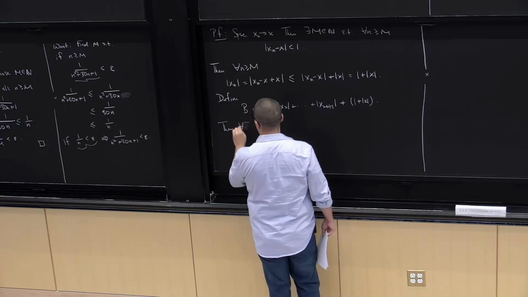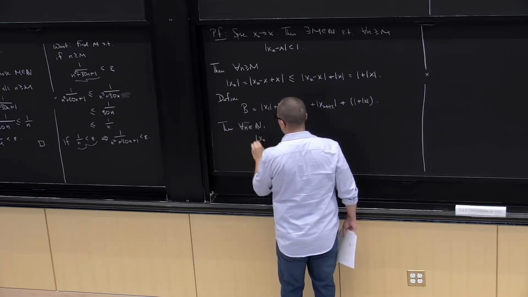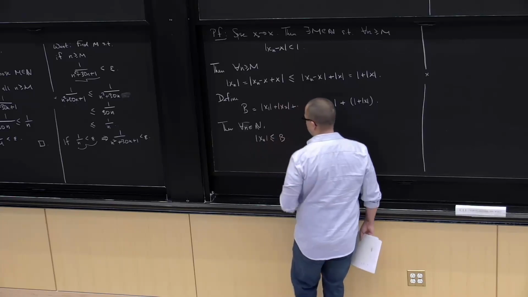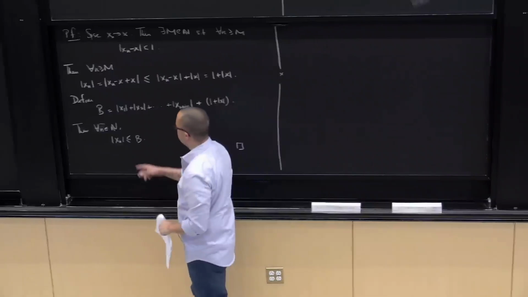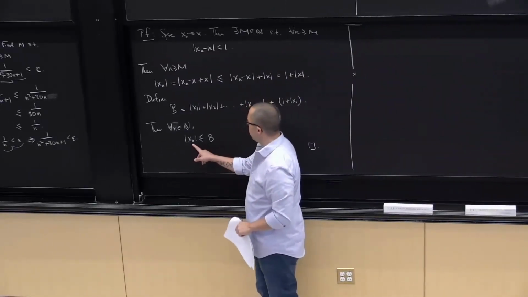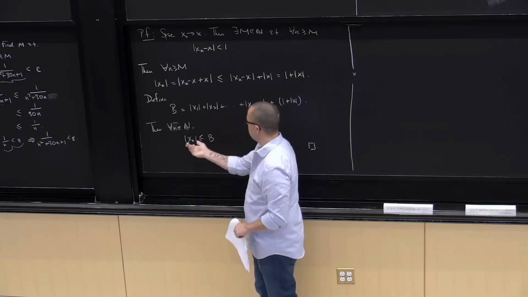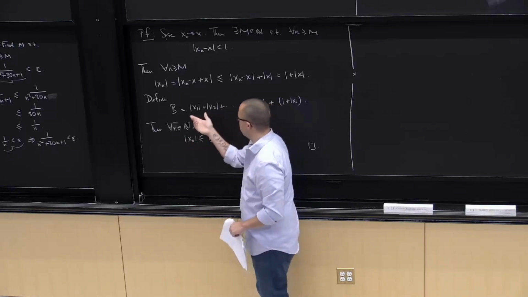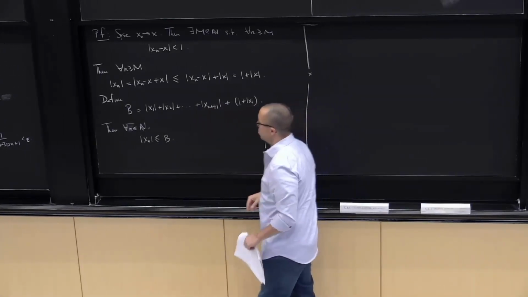Then for all n a natural number, the absolute value of x_n is less than or equal to B, right? Because if n is less than capital M, then its absolute value is equal to one of these, and therefore less than or equal to B, since it is one of these plus some non-negative numbers.